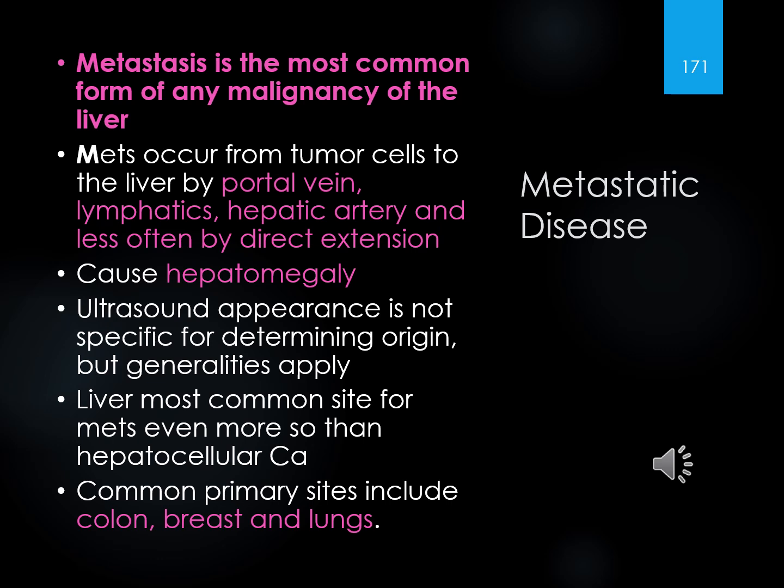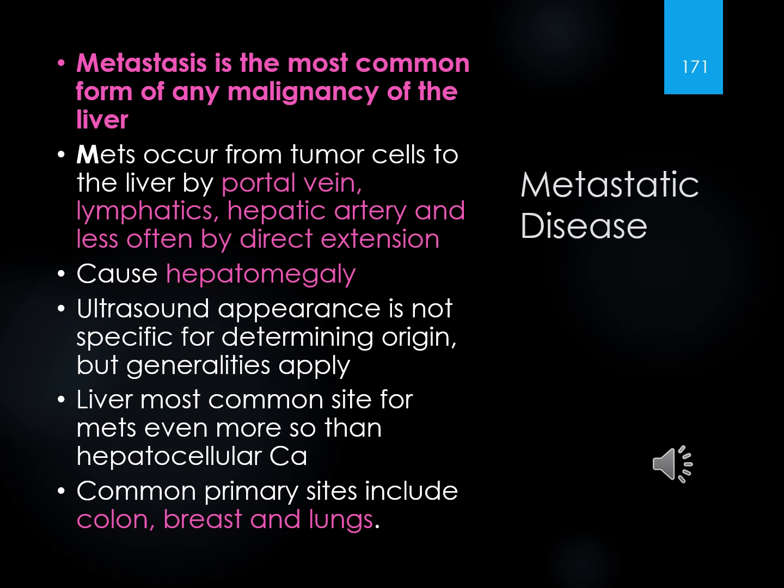In fact, it's so common for Mets that oftentimes first an area will be identified in the liver as suspicious, and then when it's biopsied, that's when the primary cancer is actually determined. Or a patient will have symptoms of a cancer and they won't be able to find it, and they'll look in the liver and biopsy the liver and find it. Common primary sites include the colon, breast, and lungs.